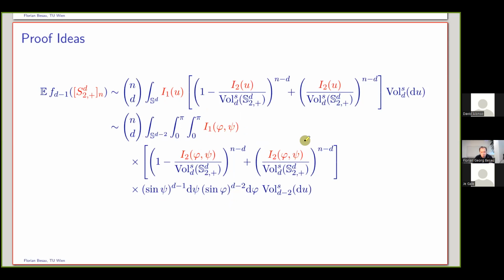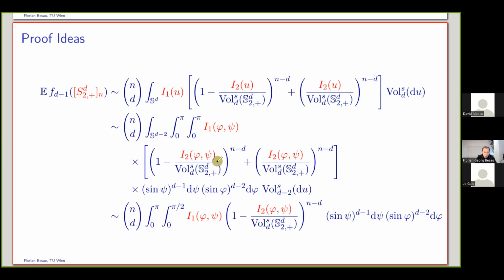And then using symmetry of your spherical wedge. So this spherical wedge you can reflect in various ways. So using the symmetries of this set, you can further reduce this to an integral over I1 times this. Okay, so I hide here all of the constants depending on the dimension.